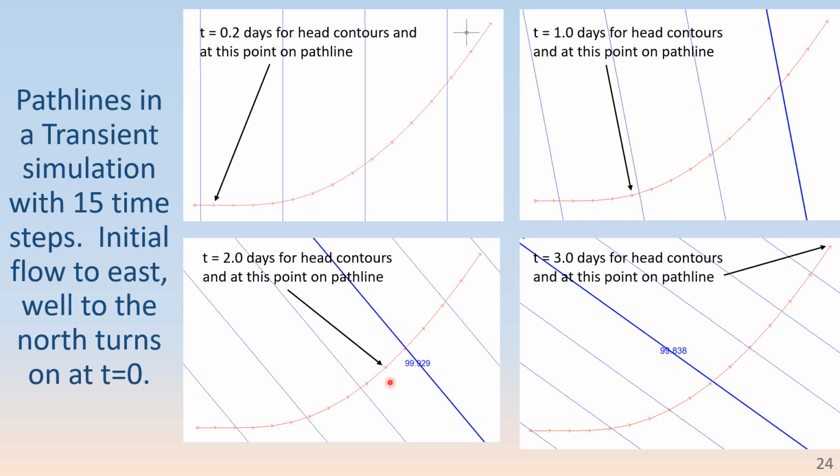And similarly, at 2 days into the simulation, here's the arrowhead that applies, and these are the contours that apply, again, flowing perpendicular to it. And here's at the end of the simulation, at 3 days, again, flowing perpendicular to those 3-day contours. So it's kind of a mind bender to think about the flow field shifting as this path line is evolving.